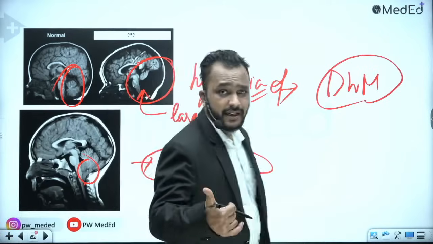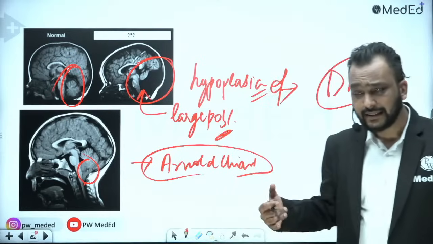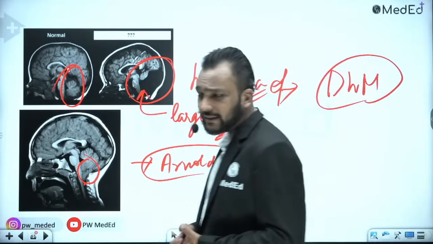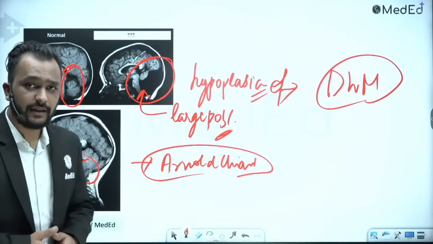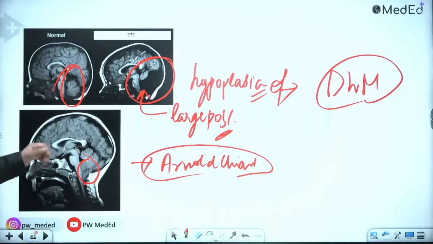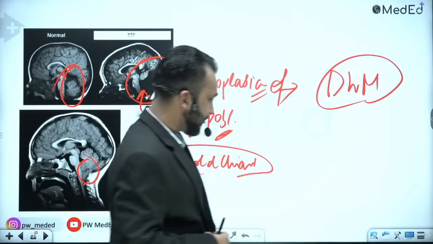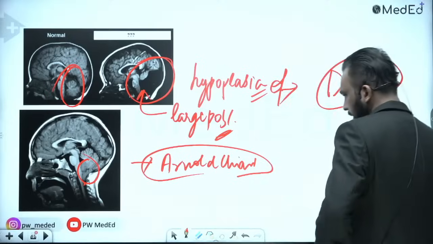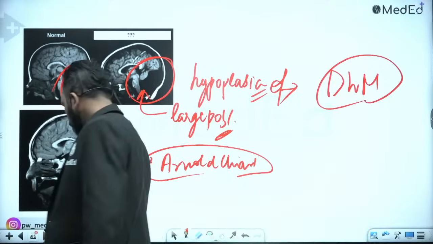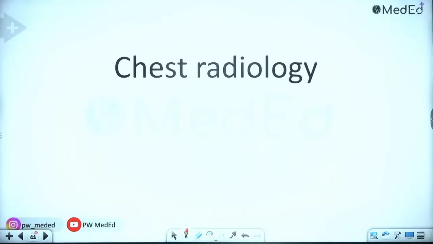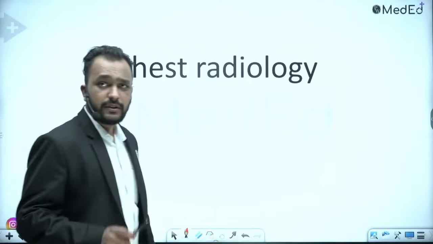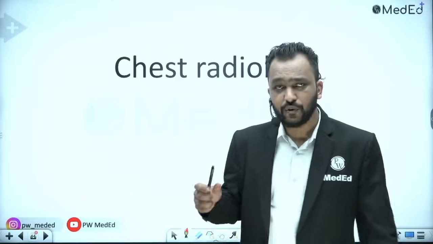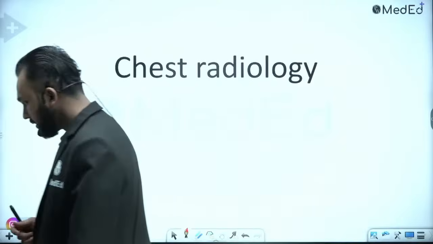For Arnold-Chiari malformation, just remember that during antenatal scan you can also see the lemon sign. Lemon sign can be seen in Arnold-Chiari malformation, right? So guys, this was all about neuroradiology. Now let us begin with a few images from the section of chest radiology.